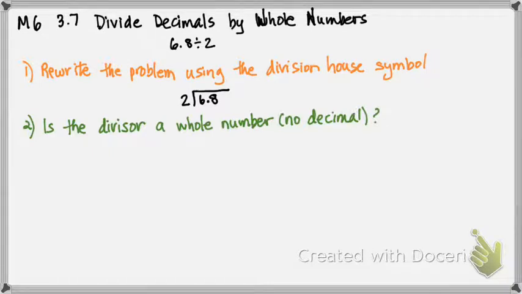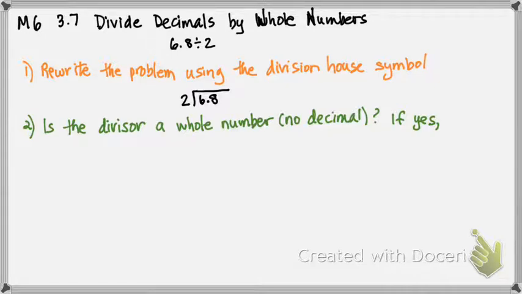Dividend has free reign. The divisor, we have to deal with. So the first question we're going to ask, is the divisor a whole number? In other words, there's no decimal. If we say yes, which, by the way, by the title, divide decimals by whole numbers, that's kind of giving you a hint that on your homework, your practice, you're going to be dividing by whole numbers every time. Just to let you know that, okay?